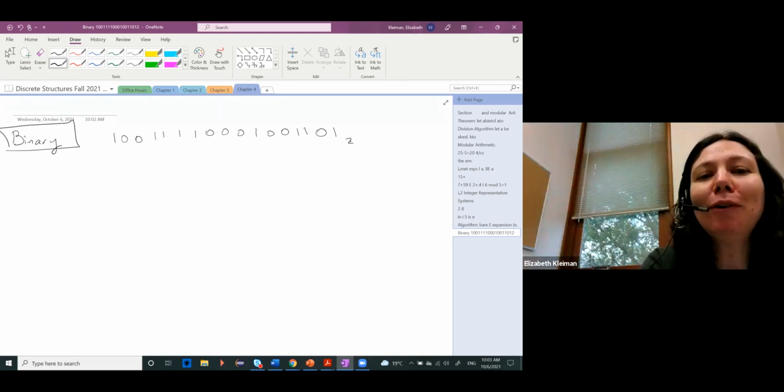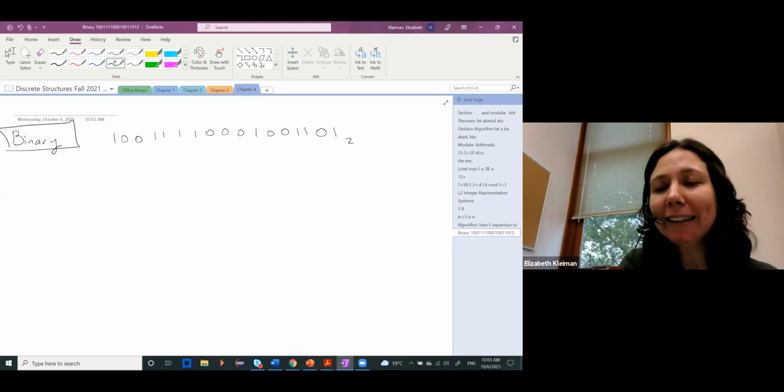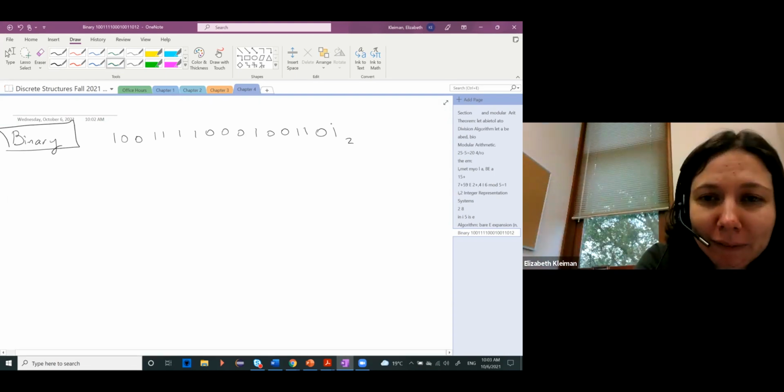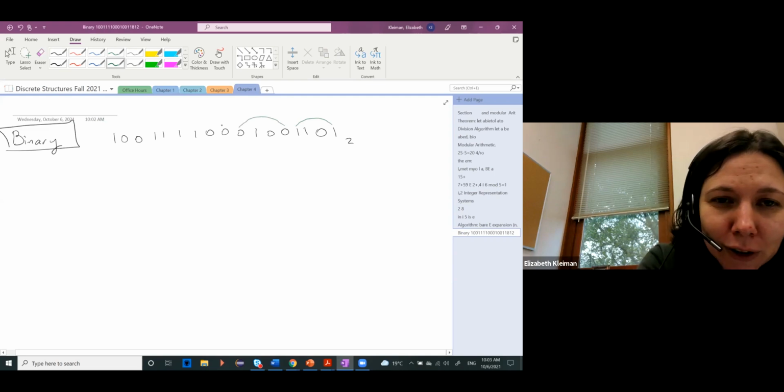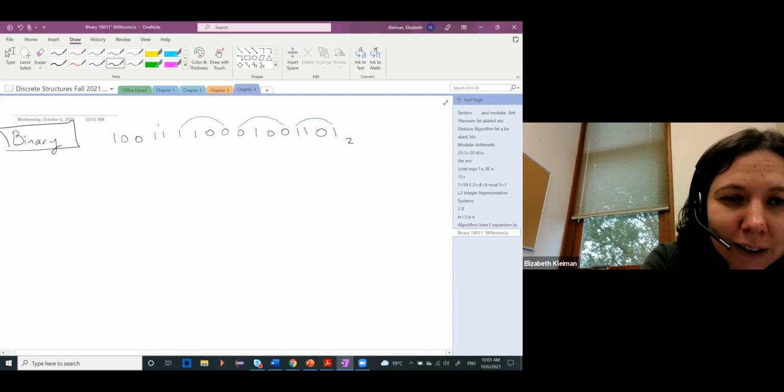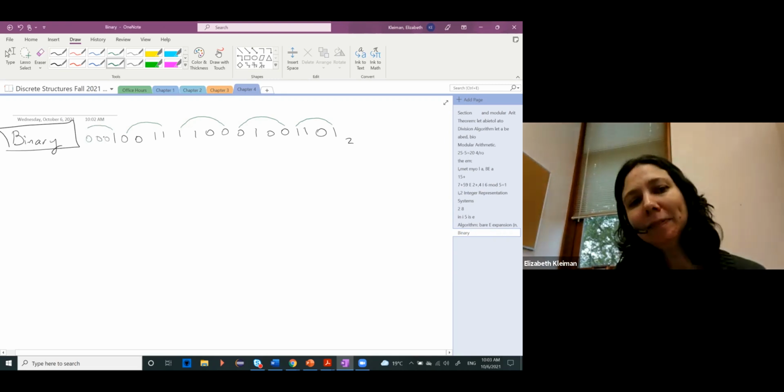Yes, this is a group of 4. That's correct. The trick is you always start from the right and you generate groups of 4. So you take 4 digits together like that.